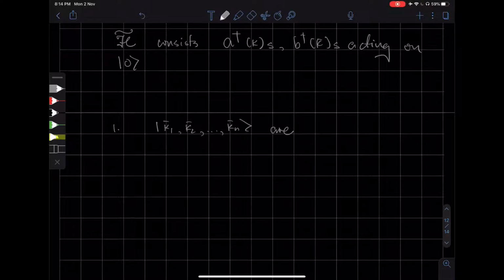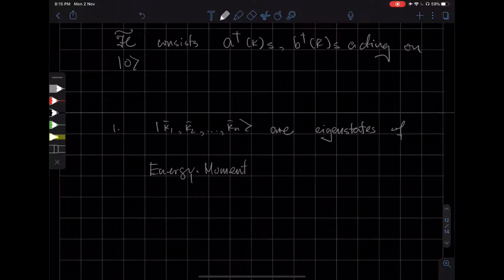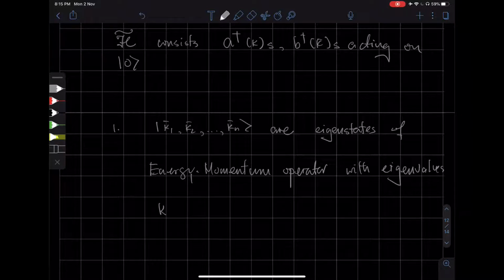One of the first properties of Fock space is that these states are eigenstates of the Hamiltonian and the momentum operator, so the energy momentum operator, with eigenvalues, say, k mu 1 plus k mu 2 dot dot dot k mu n.